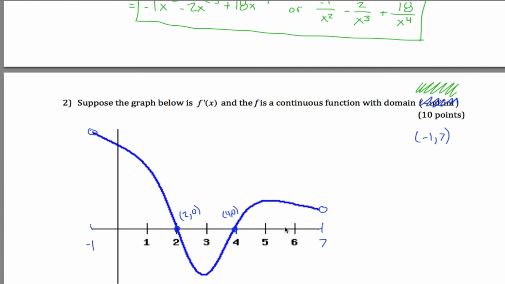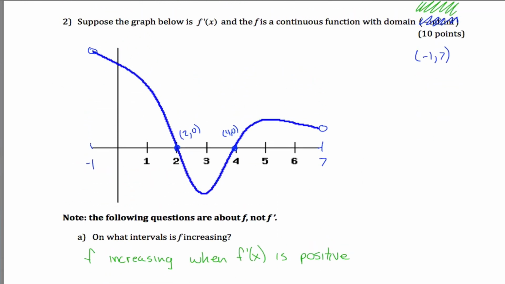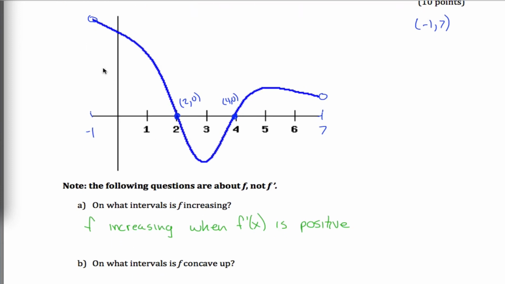We didn't have to do all that, but I'm going to start you out with this picture. So anyways, if you were started out with this picture, and you were asked on what intervals is f increasing, you'd say f is increasing when the derivative is positive. And it looks like the derivative is positive from negative 1 up to 2, not including either of those 2 points. And then again from 4 up to 7. And I should label a couple more points because they'll be relevant.